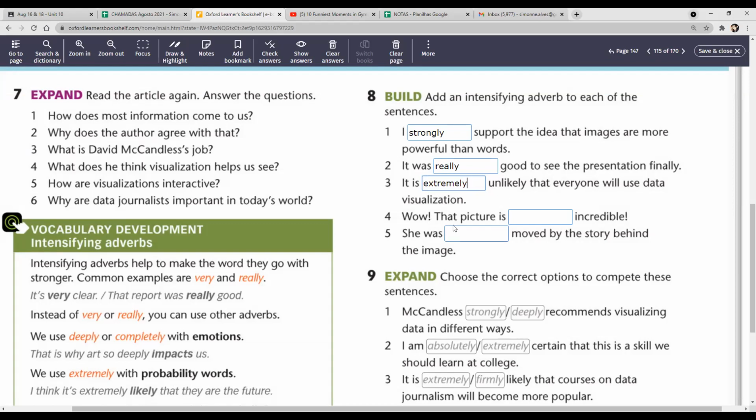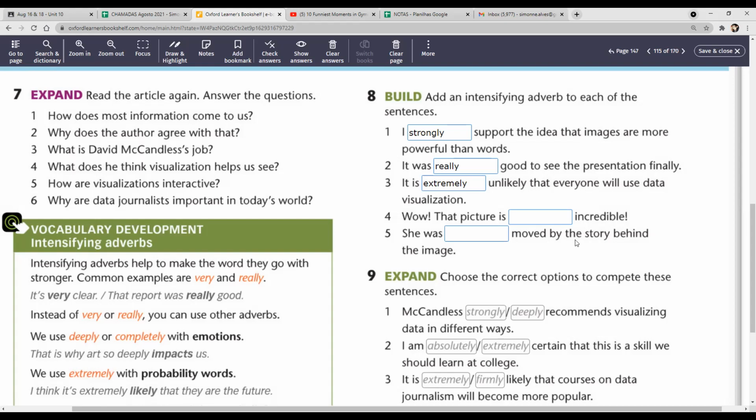Number 4, wow, that picture is completely incredible. Do you think it has to do with emotion? Do you think incredible is emotion? No, but it's like a reaction. I know, I understand, yeah. But I'm not actually expressing an emotion.